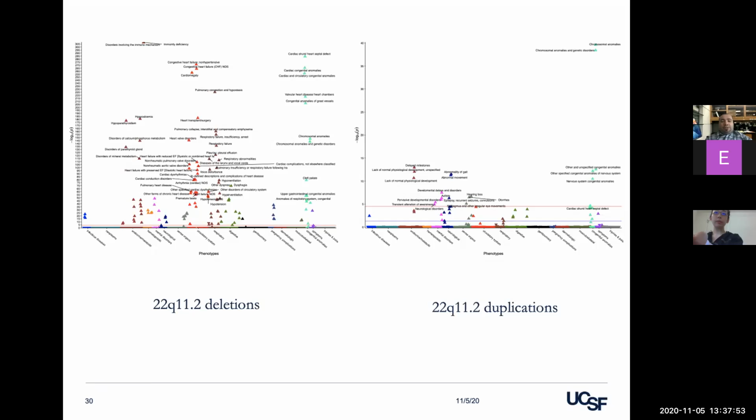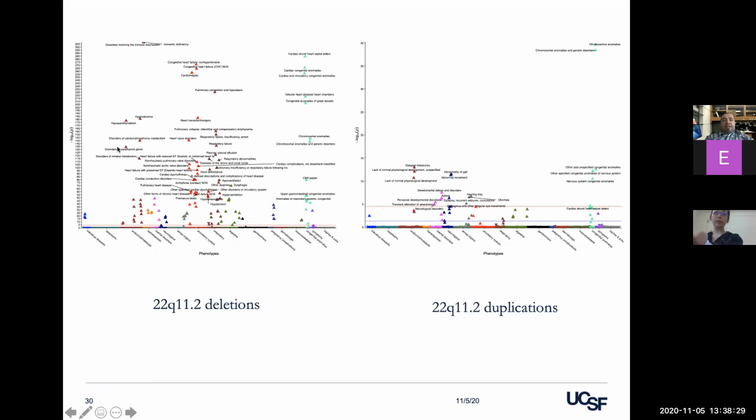Same with 22q deletions and duplications. So for 22q deletions, we have things like cleft palate, cardiac anomalies, a lot of heart-related stuff, immune deficiency, cardiomegaly, a lot of these traits that, if you're a clinician, you would recognize, oh yeah, these are traits that we would expect to find with 22q deletion carriers.